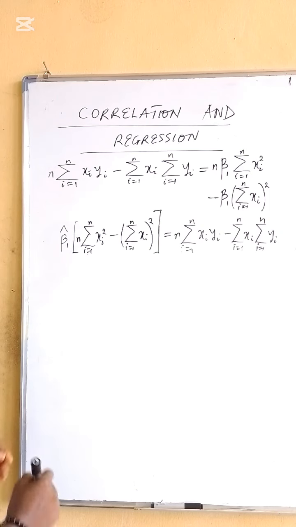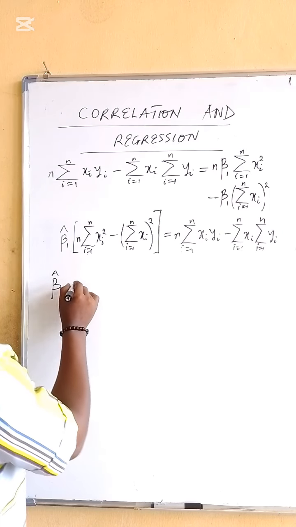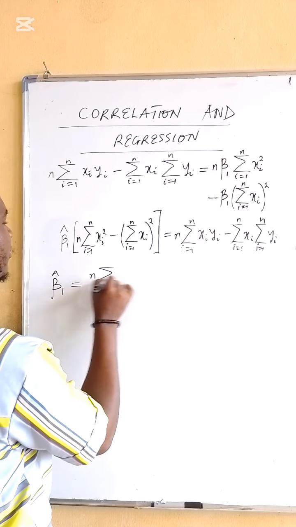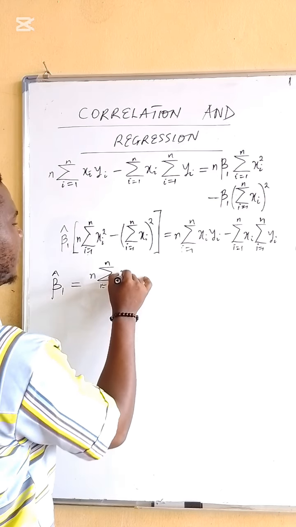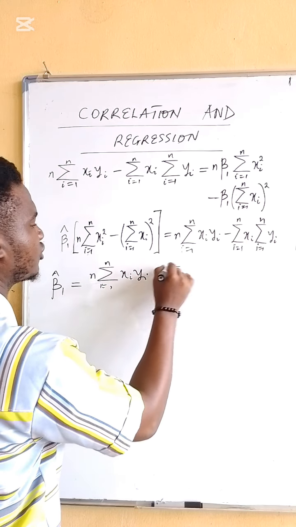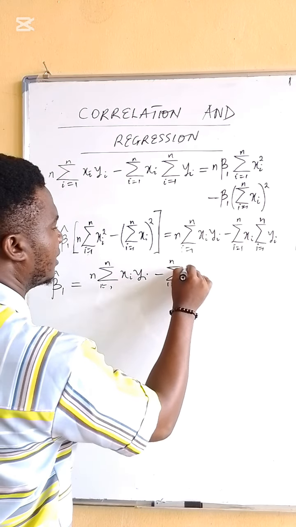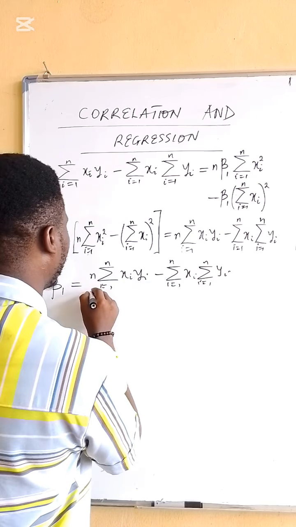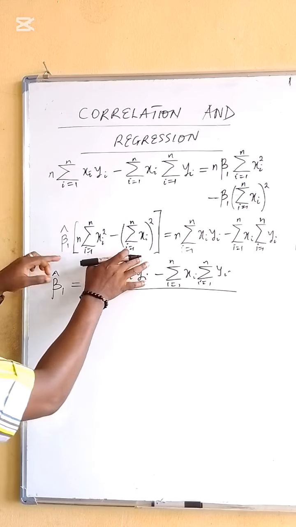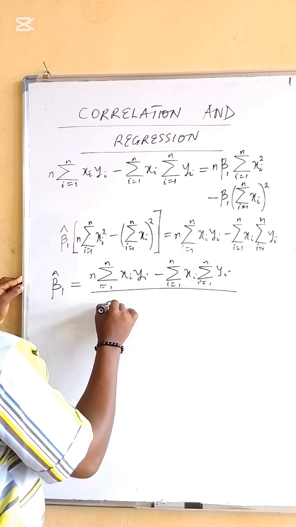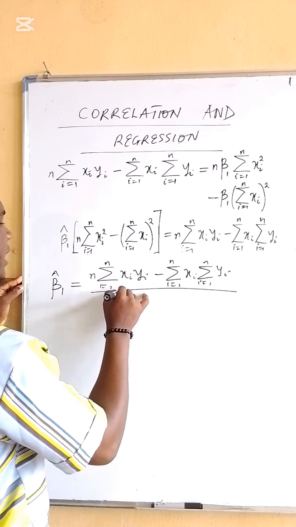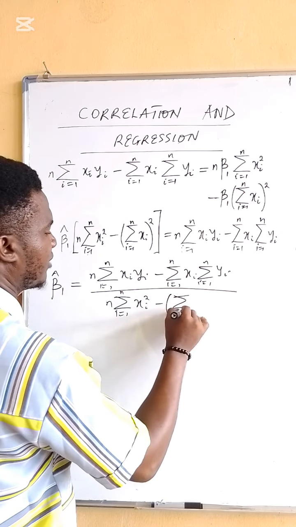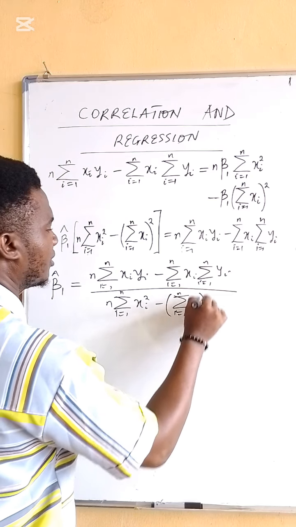So this now gives us beta 1 cap equals n summation from i equals 1 to n xi yi minus summation i equals 1 to n xi summation i equals 1 to n yi, all over what you have standing beside beta 1, which is n summation i equals 1 to n xi squared minus in bracket summation from i equals 1 to n xi all squared.